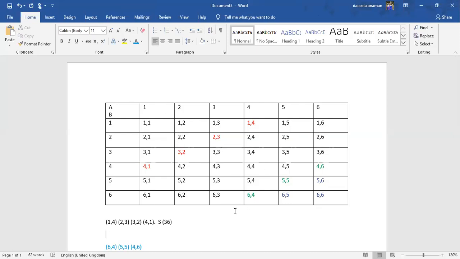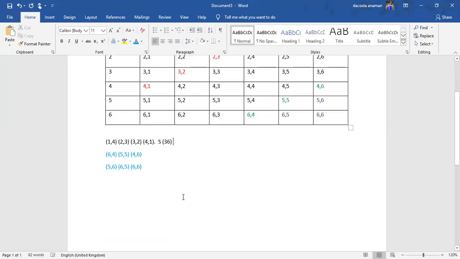So the event of having different scores will be equal to the total scores minus the event of having the same scores.